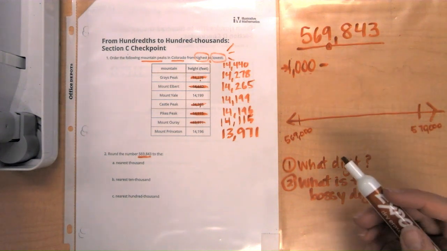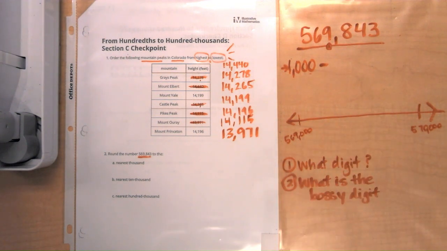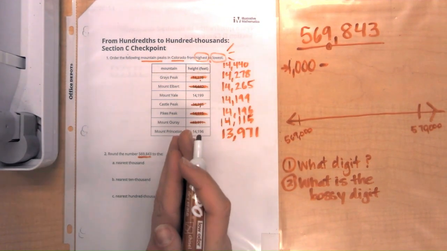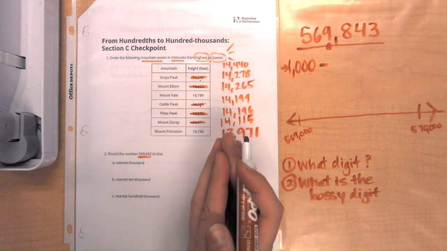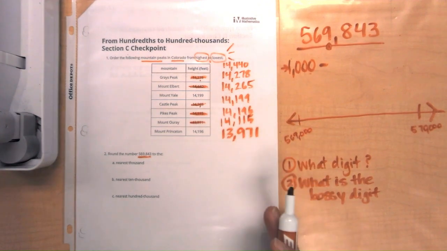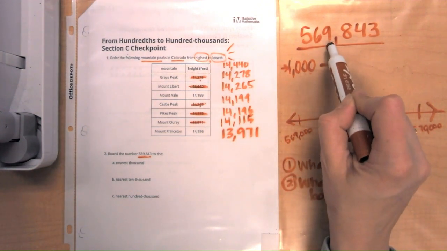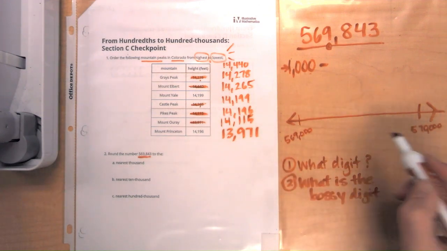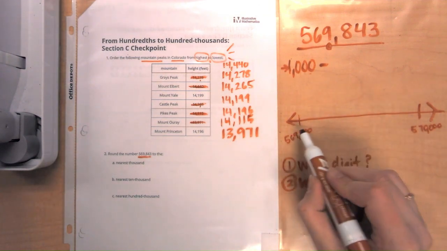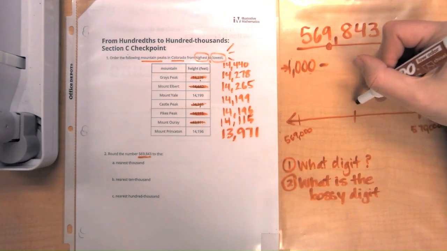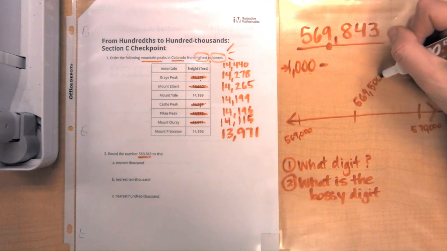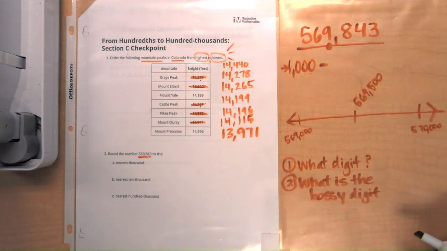When we count by thousands, we can say 565,000, 566,000, 567,000, 568,000, 569,000, 570,000. So what's the rules for the number line? Study the number line, find the half. This would be 569,500, the halfway mark.